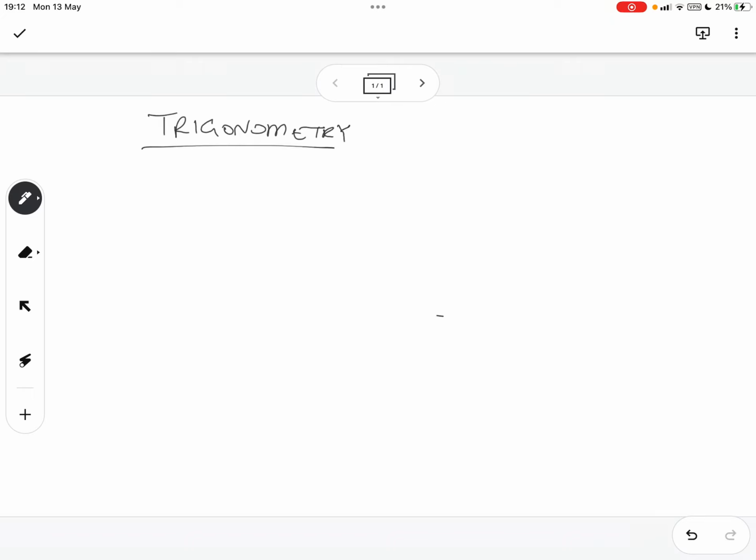So long and short of it, trig just means measurement of triangles, right? Trigonometry means measurement of triangles, right?